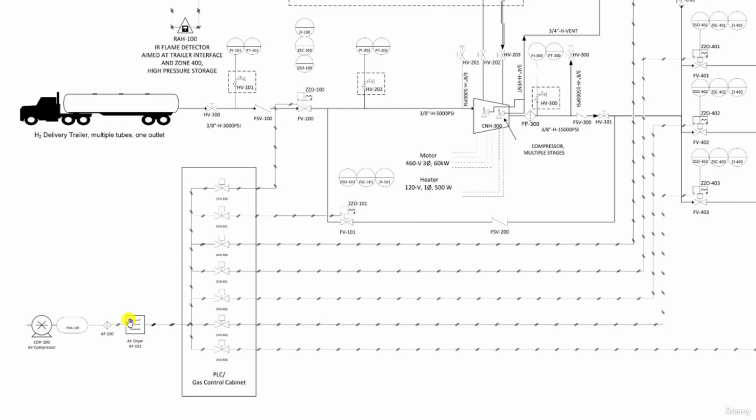Then it goes through an air dryer AF101 to get rid of potential moisture and humidity. This is done in order to provide dry instrument air to the actuators downstream. If the air contains moisture, it will condense, and water will damage or prevent the good working of the actuators.